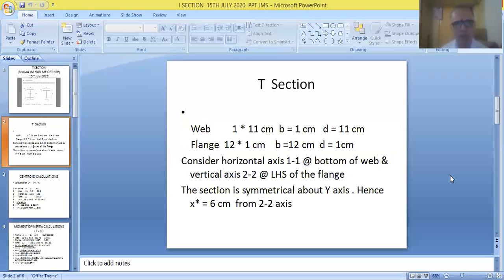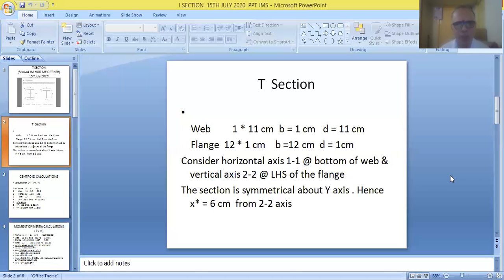We are proceeding in upward direction, moving from bottom to top. So therefore, friends, the web is named as first component, and the flange is named as second component.